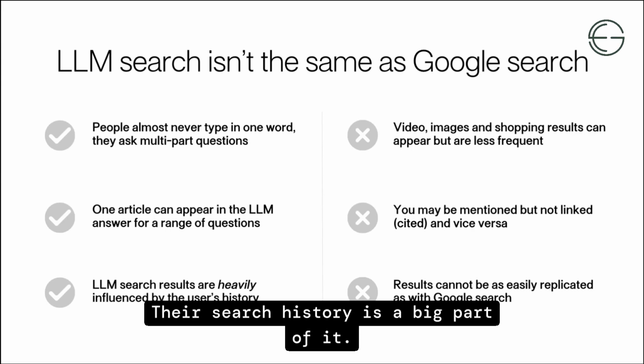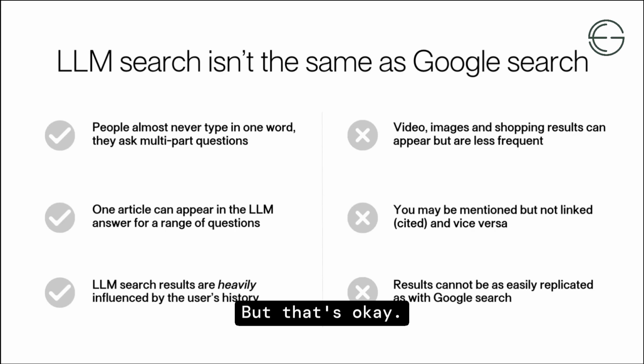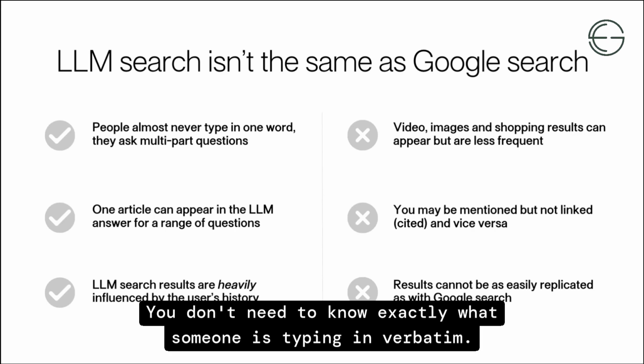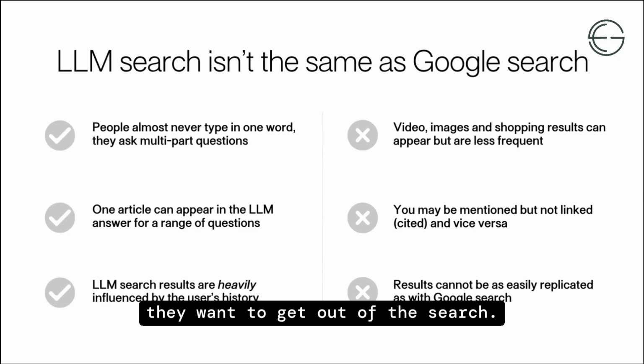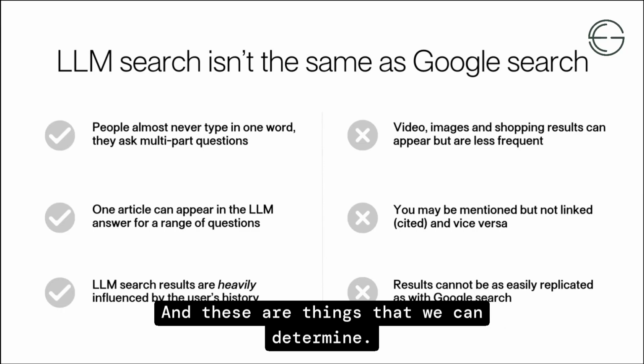Their search history is a big part of it. But that's okay. You don't need to know exactly what someone is typing verbatim. You need to know the overarching topics and what kind of information they want to get out of the search. And these are things that we can determine.